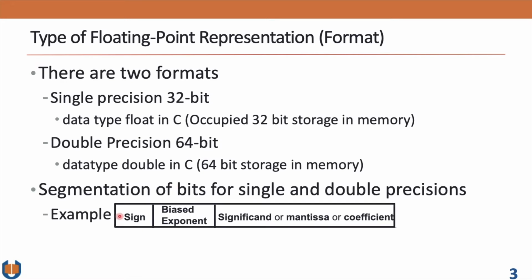One is the sign part, which indicates a negative or positive number with a single bit, and we have the biased exponent. I will let you know why biased exponent, and then the remaining part is our significant or mantissa or coefficient.